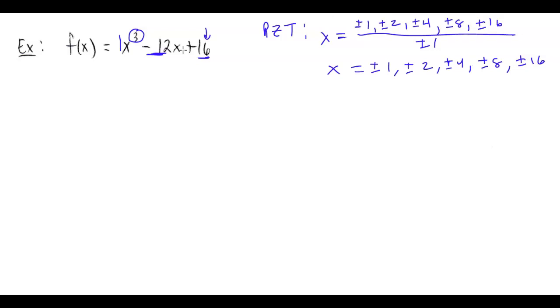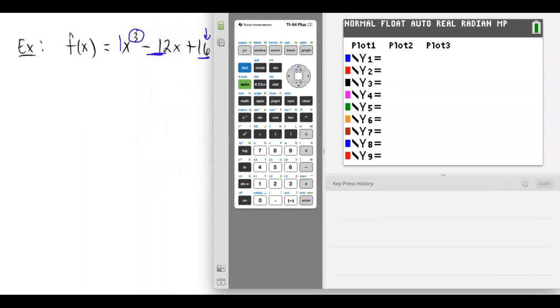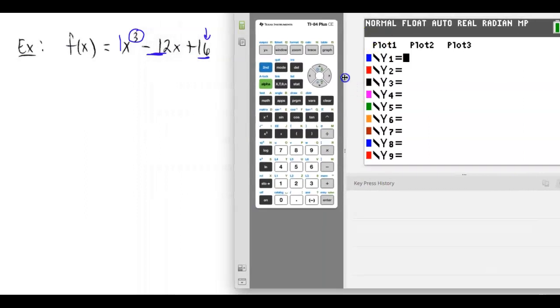So what I'm going to do is show you how we could actually use a graphing calculator, and I'm going to use a TI-84 to let it tell me, by applying the rational zeros theorem, if any of these numbers work, and if so, which ones. So I'm going to bring my graphing calculator here.